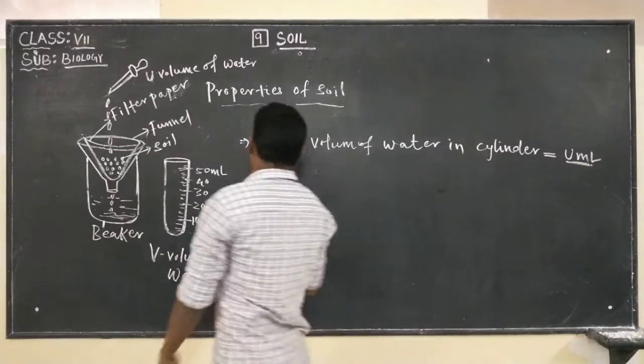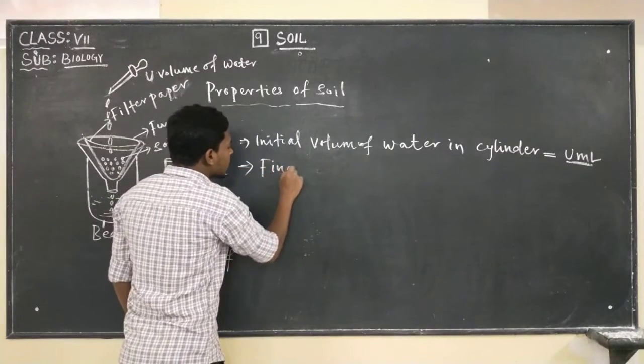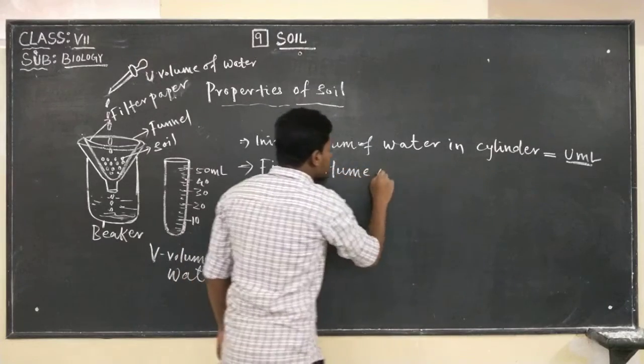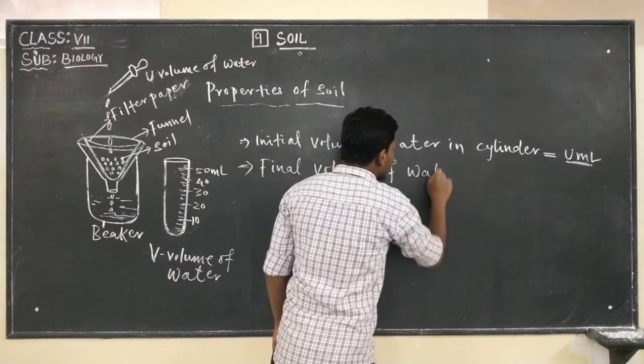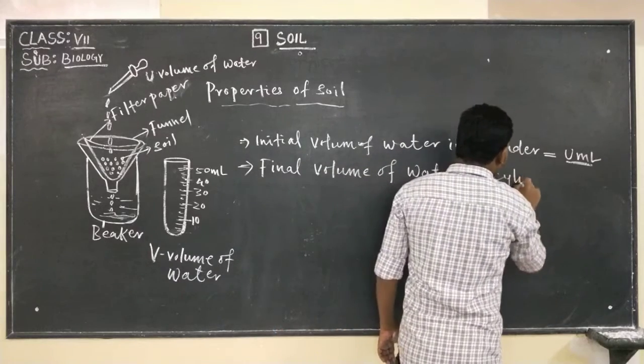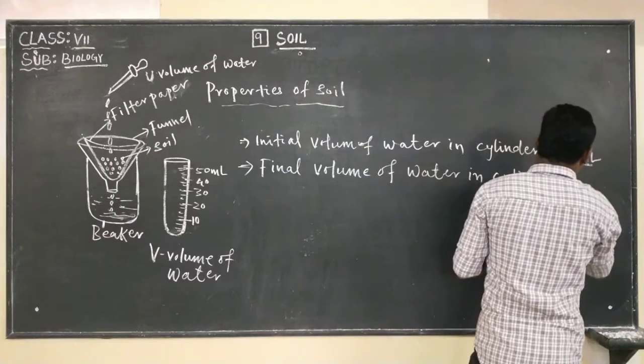And the final volume of water in the cylinder is V ml.